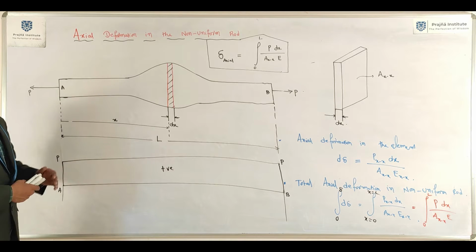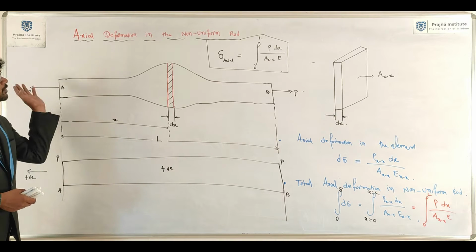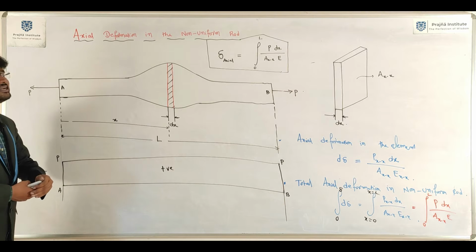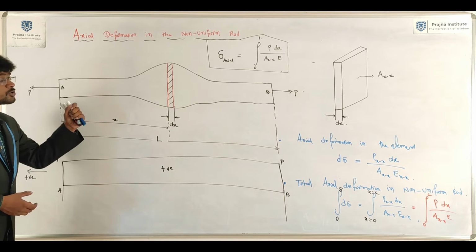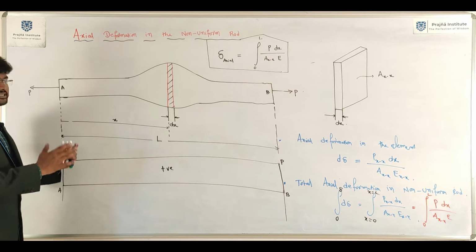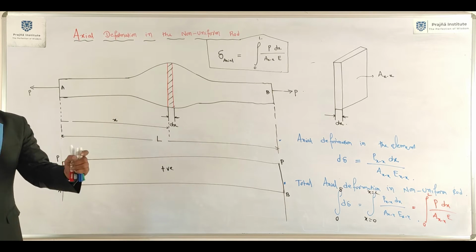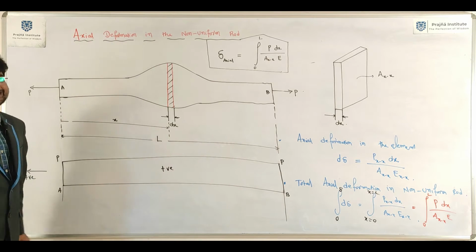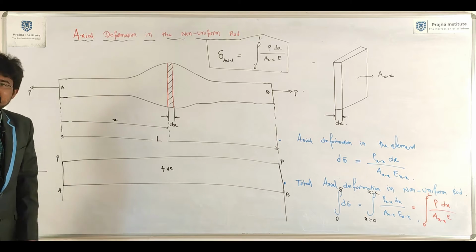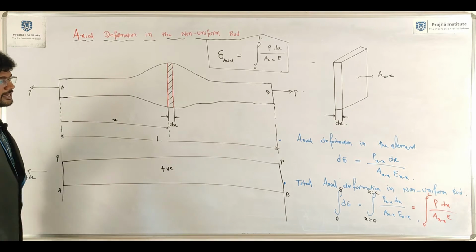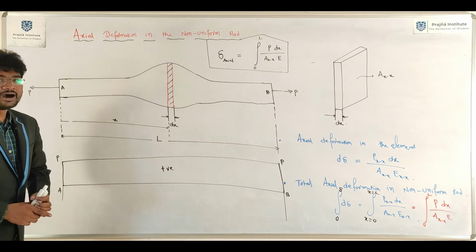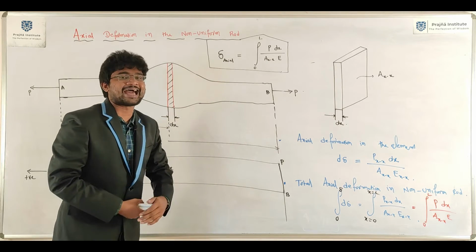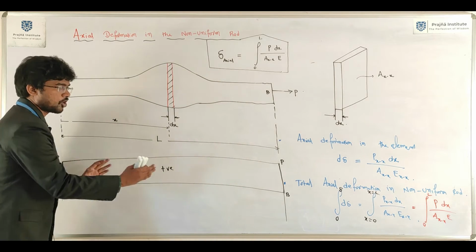Now, put a heading: axial deformation in circular rod, which is subjected to uniform axial loading, uniaxial loading condition. Write up to here, it is a general expression to determine axial deformation in the rod.